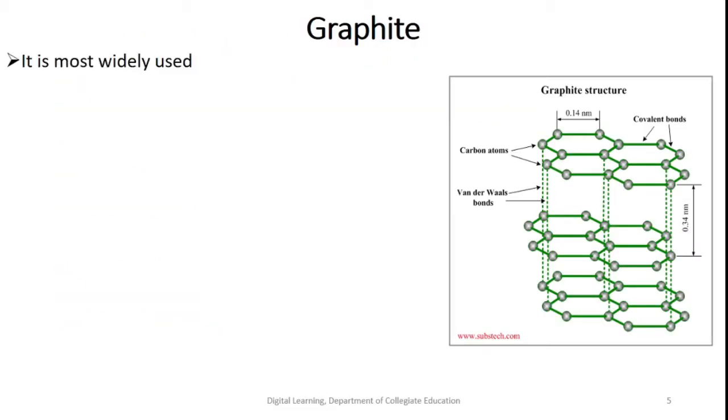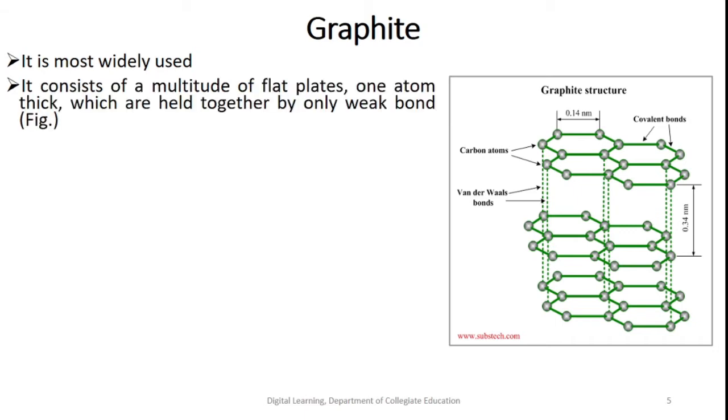Graphite. It is the most widely used of all solid lubricants. It consists of a multitude of flat plates, one atom thick, which are held together by only weak bonds, so that the force to shear the crystals parallel to the layers is low.